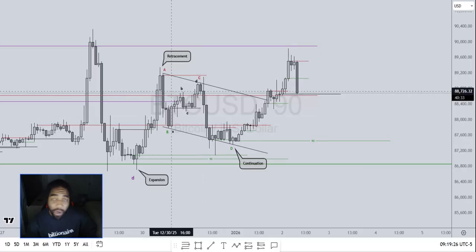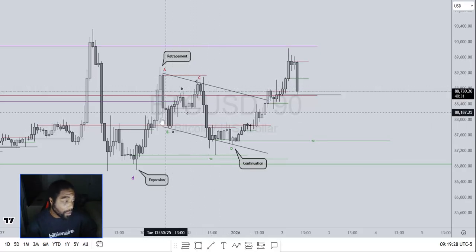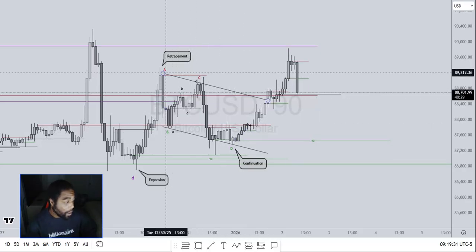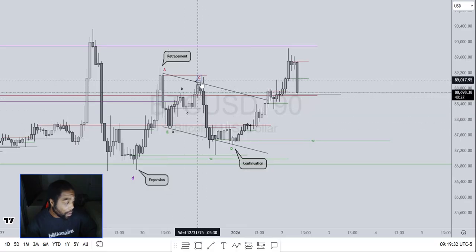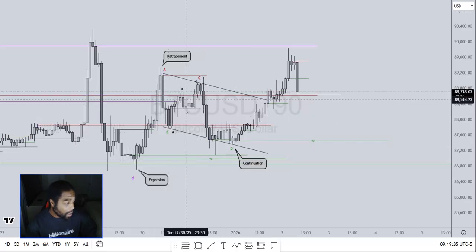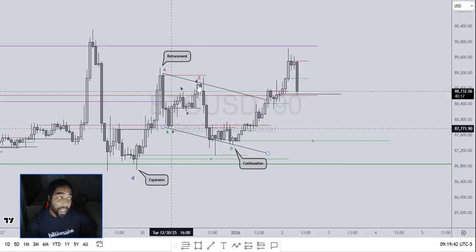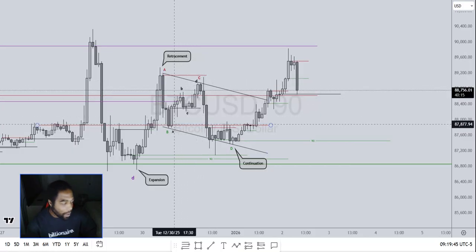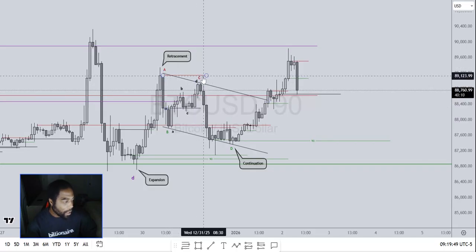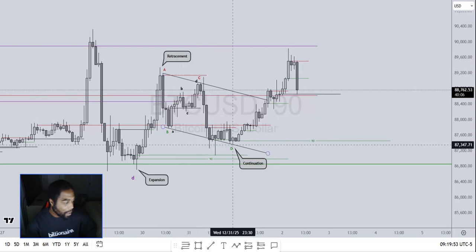In this retracement, price created and established this structured retracement: A, B, C, D. This leg here, from A to B, swing to swing, bearish expansion, price produced this bullish retracement. In this bullish retracement, the same thing: A, B, C, D. Came to an end, boom, continuation to make the C to D point.